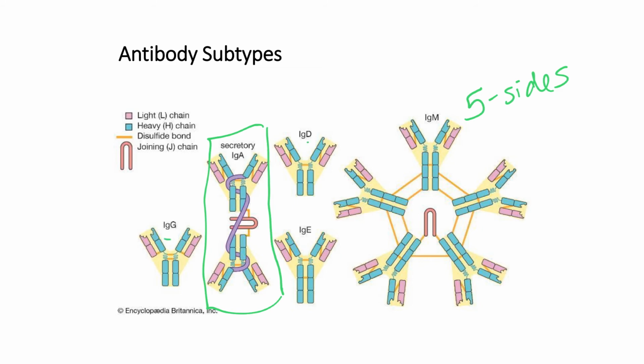IgG, IgD, and IgE, which stands for immunoglobulin type G, D, or E, are all monomer shaped. IgA, immunoglobulin A, is a dimer, and IgM, which is the first antibody produced by plasma cells when there is a contact with an antigen, is the only pentamer that we have.